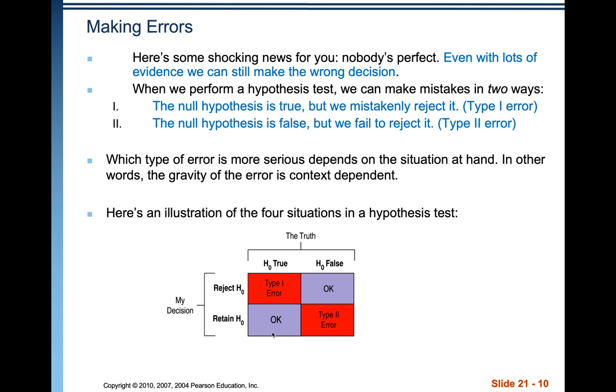It's consistent with truth, but we've kind of wasted our time. If the null hypothesis is really true, it's a little bit of a waste of time to go trying to collect evidence for an alternative against it and then conduct the test. So it's better than making a mistake, but it's still not really what we were rooting for.